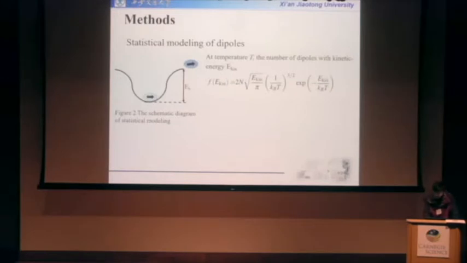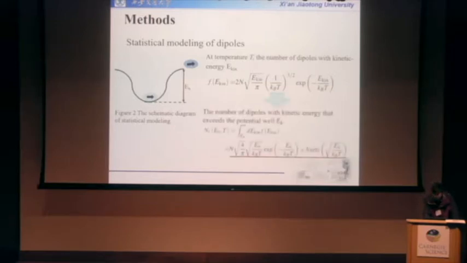Then the total number of dipoles with kinetic energy that exceeds the potential well can be obtained by numerical integration of this equation, and the right-hand line is the final result. ERFC is the complementary error function.